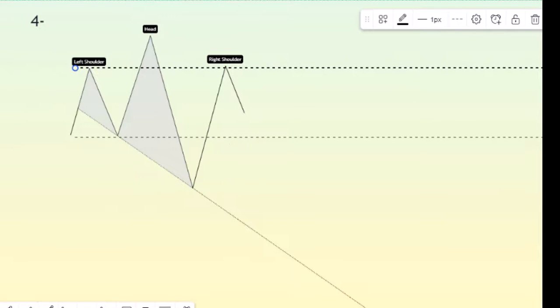For a stop loss, you have two choices. You can put your stop loss behind the head, or you can put it behind the base that formed before.